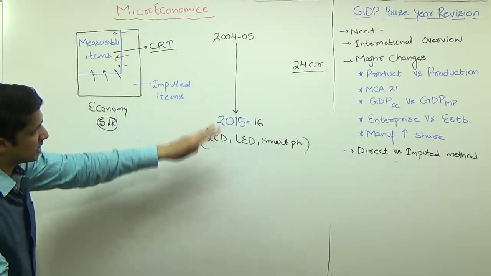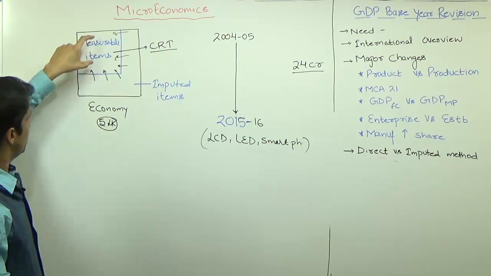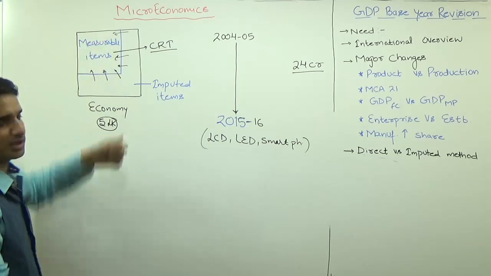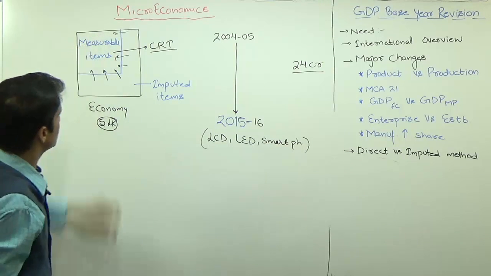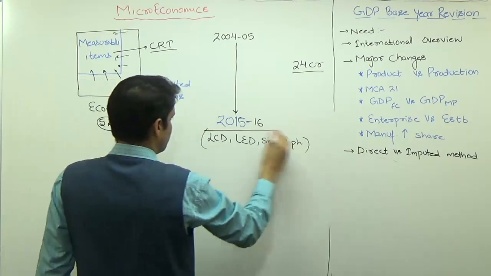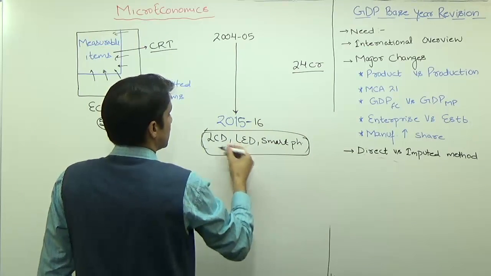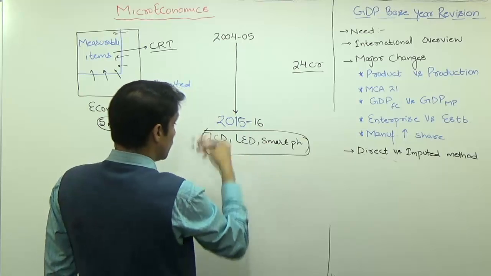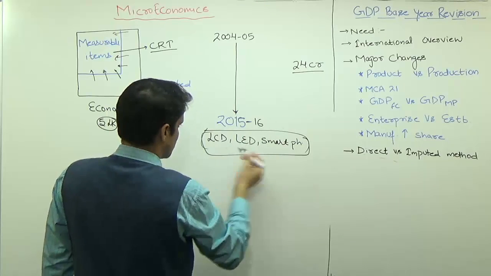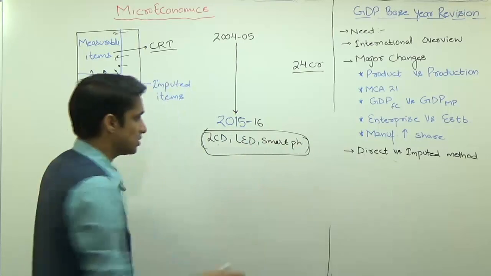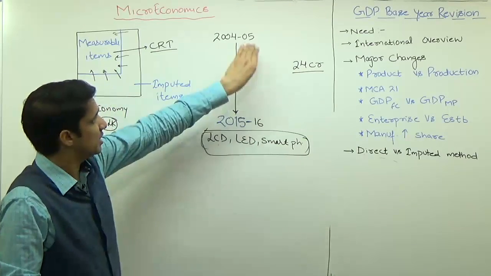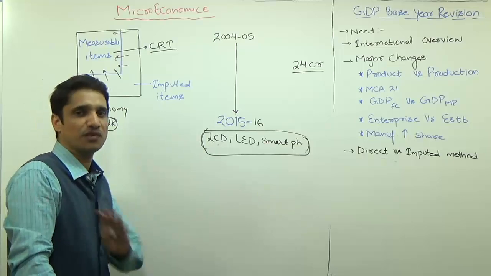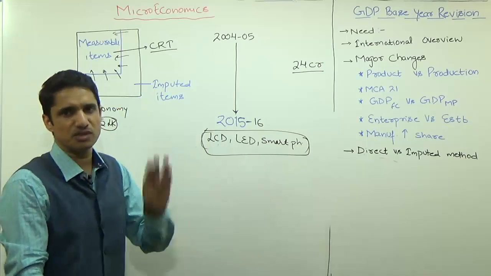Similarly, in the case of GDP also, you have to continuously change these measurable items. If the basket is fixed, you will not be able to include the value or the price of these LCD, LED, smartphones, because they came after 2008, 9 or 10, and our base year is 2004-5. In 2004-5 there were very few smartphones, LCD, LED.